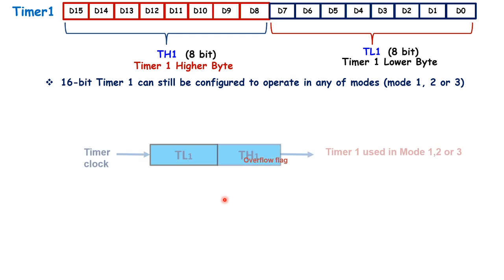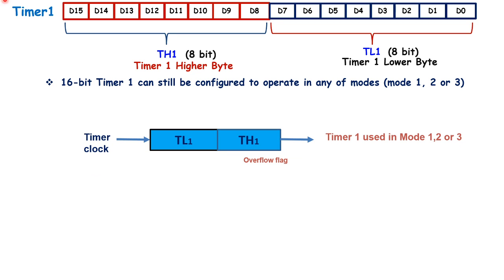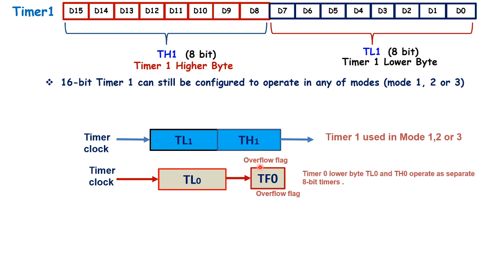So how is this used? See, this is timer 1's lower byte and higher byte. As we know, the 16-bit timer 1 can be configured to operate in any of mode 1, 2, 3, so TL1 and TH1 can be used in different modes.